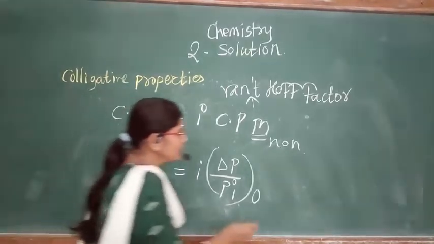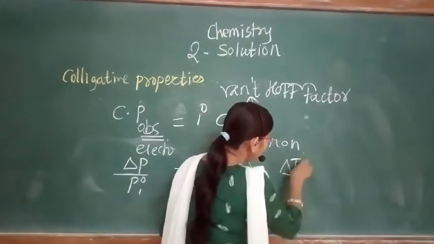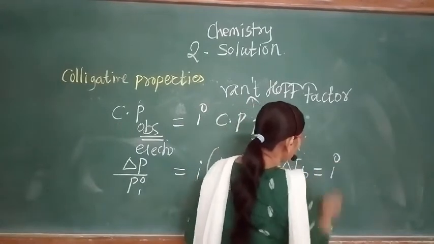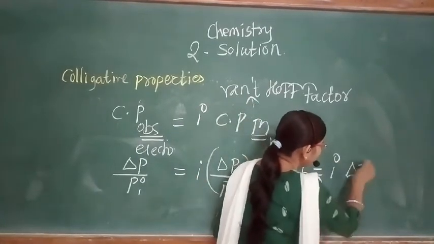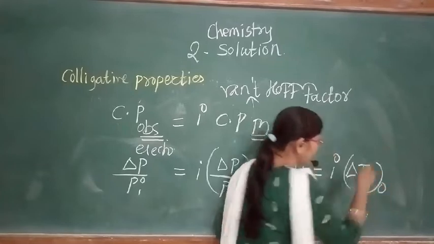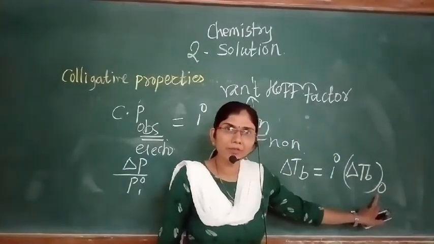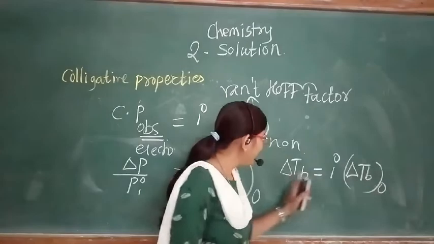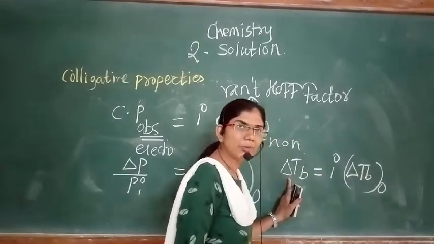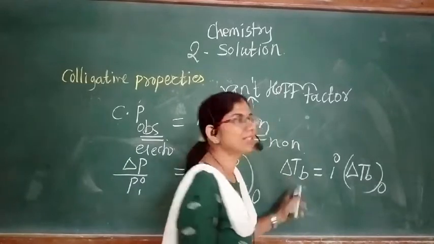Just like this, delta TB is equal to i into delta TB naught. Delta TB naught is the colligative property for the non-electrolytic solution, and delta TB is for the electrolytic solution.